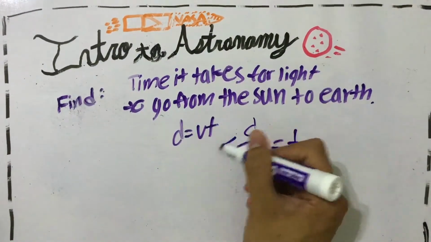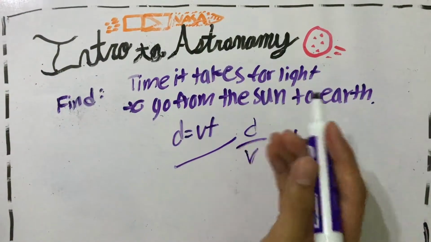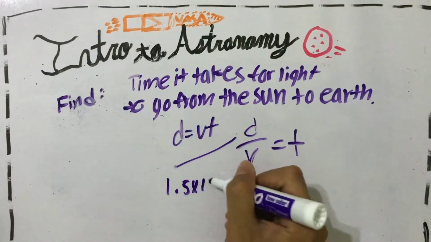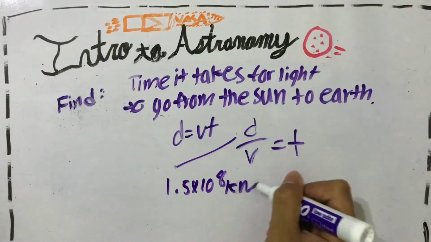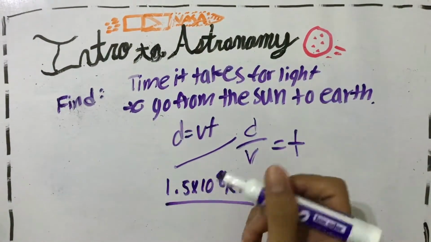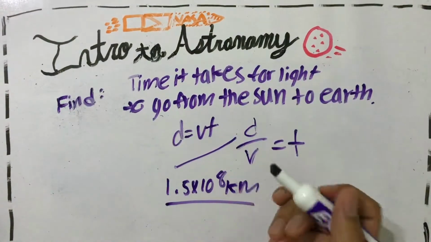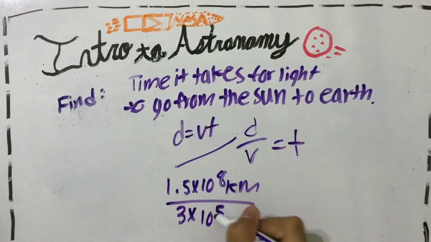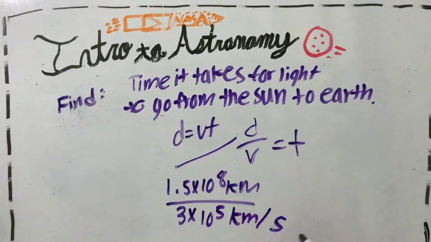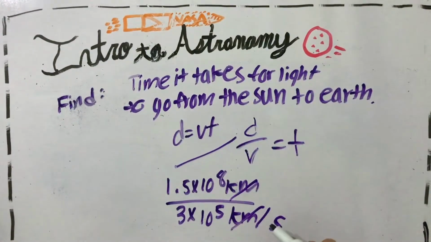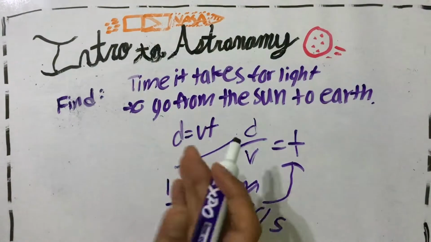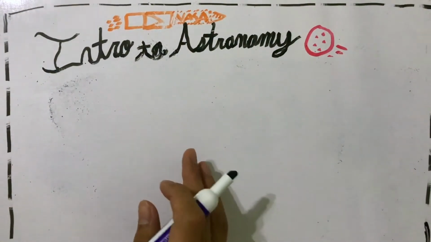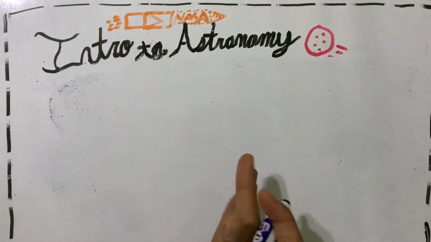And we know that the average distance between the Earth and the Sun is 1.5 times 10 to the 8th kilometers, and that v is 300,000 kilometers per second. Since we know this, we can cancel kilometers out and figure out the time it takes to go one way. Also know that 1 light year is equivalent to 10 times 10 to the 12th kilometers.